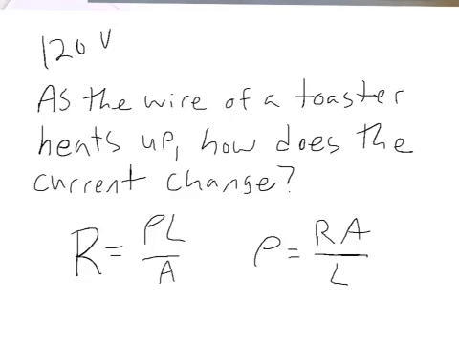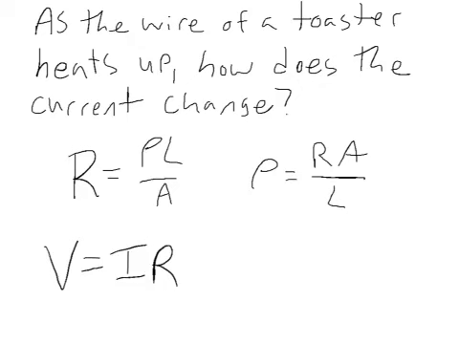As this wire heats up, it expands, so it increases our resistivity. When we increase resistivity, we increase resistance. Because the potential difference stays the same across our toaster, an increasing resistance causes the current to decrease.